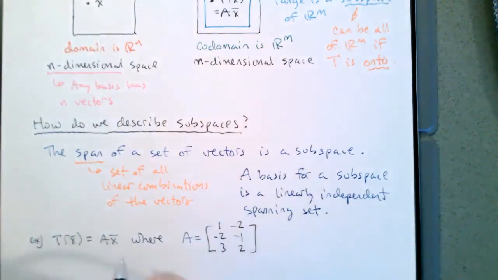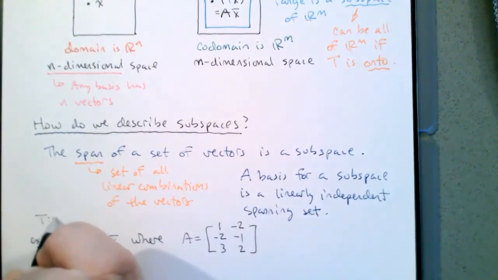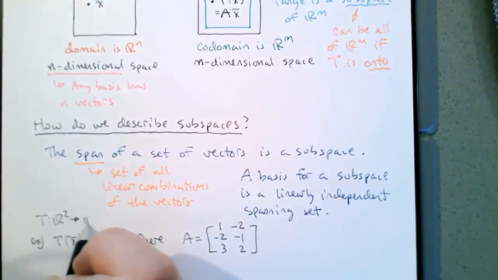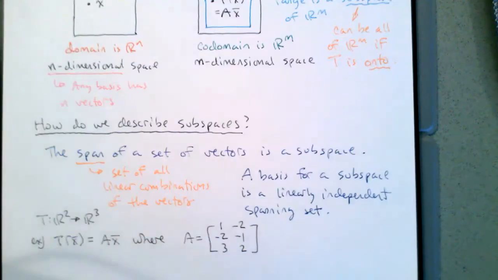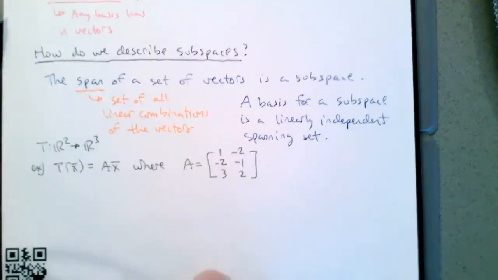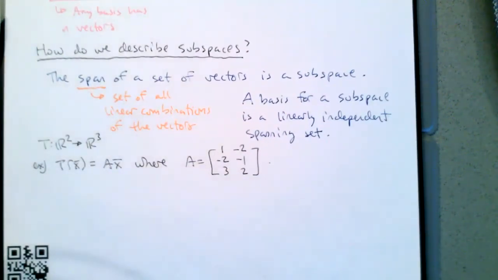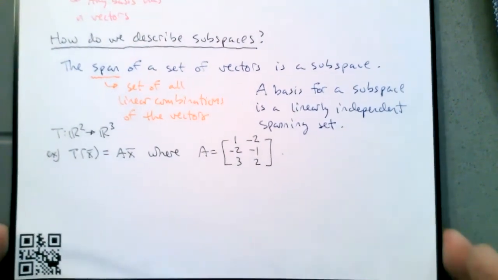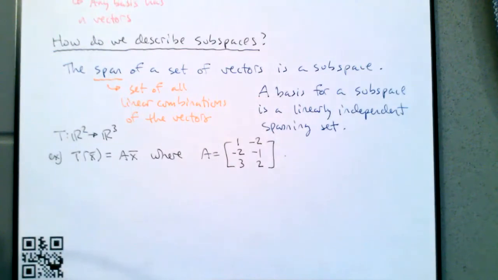So A is 3 by 2, so T is mapping R2 to R3. Let's find a basis for the range of T. I realize that by phrasing it that way, I'm implying that the range of a transformation is always a subspace, and it is. So you can just take my word for it now. So let's find a basis for the range of T.